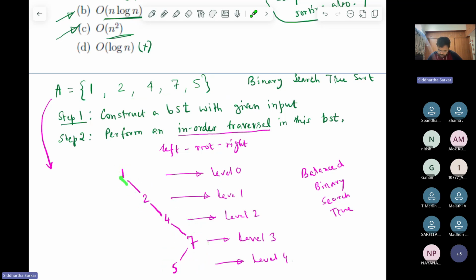So for every insertion, the cost is order. So in the ith iteration, insertion, for example, for the third insertion, I have to go till the third level. So for the ith insertion, I have to traverse i levels.